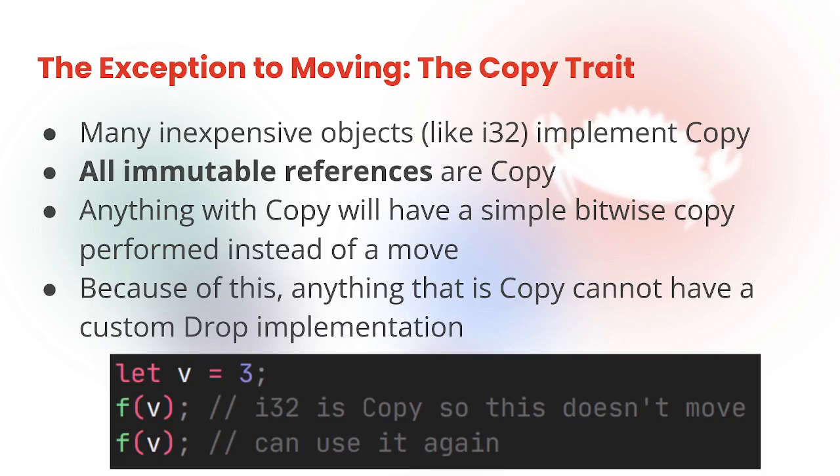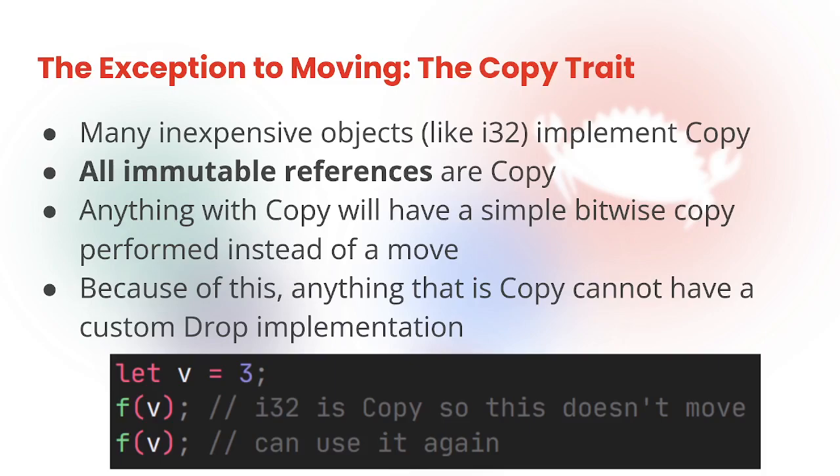I think there used to be a dumb thing where they manually implemented copy for arrays of length 0, length 1, length 2, and so on up to 32. But that was because they didn't have const generics. I think since they have const generics now, all arrays implement copy.